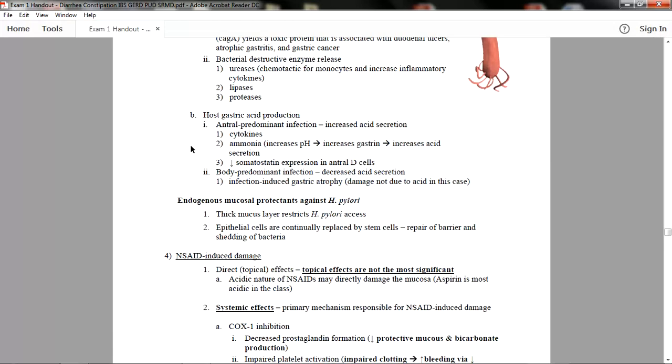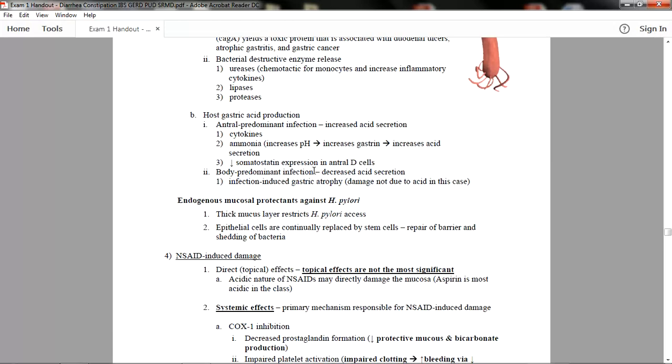We have production of ammonia. I don't really want to talk too much about the cytokines. I want you to focus more on number 2 here, and that's ammonia production, which is really what I wanted to talk about for the most part here. Ammonia production increases the pH, increases gastrin, and that increases acid secretion. I already mentioned that. That's that masking of the acid to make the D cells shut off. So again, we have reduced somatostatin expression in antral D cells.